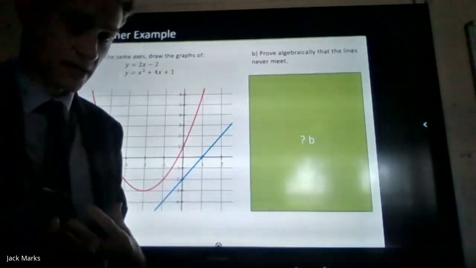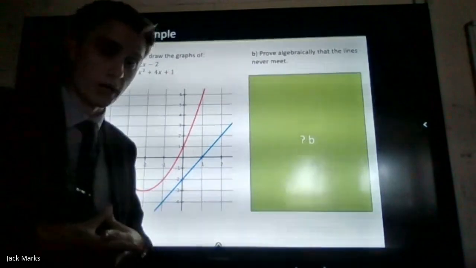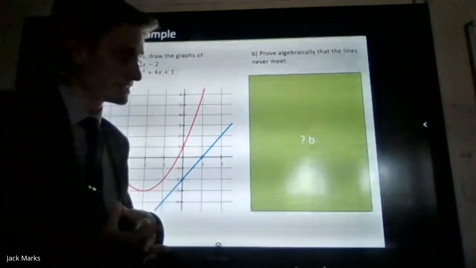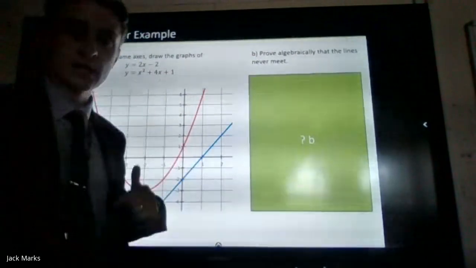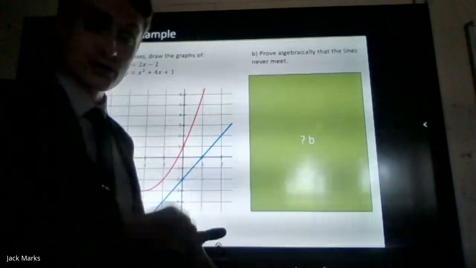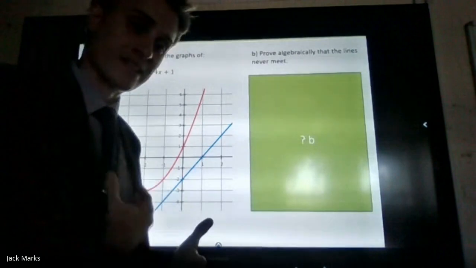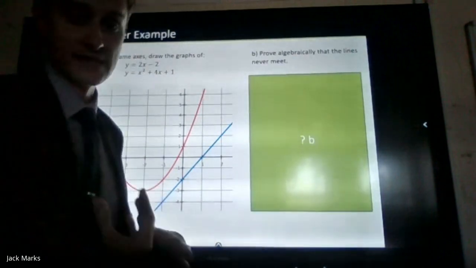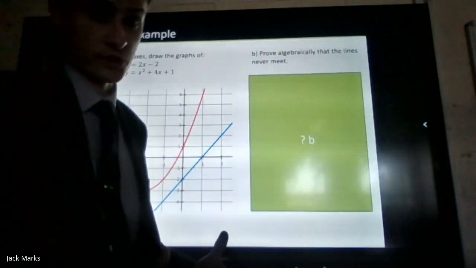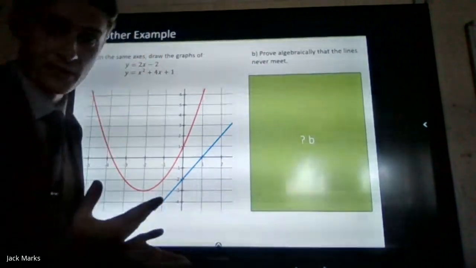Well, the chapter is simultaneous equations, so we could try combining them together simultaneously, and it should generate another quadratic. And you can do the discriminant on that quadratic, and you will find it's negative. And what do we say if it's negative? It means that there are no solutions. So there's 3 things going on here.